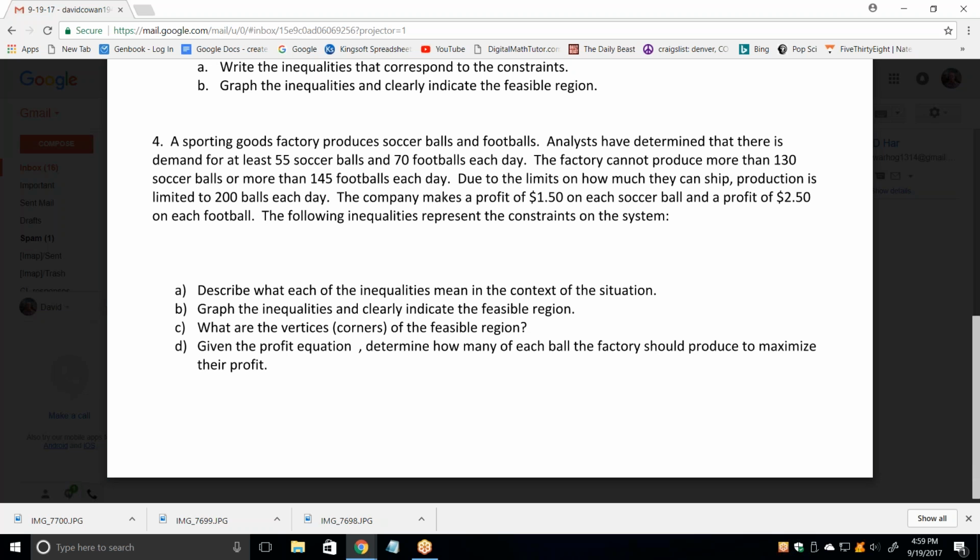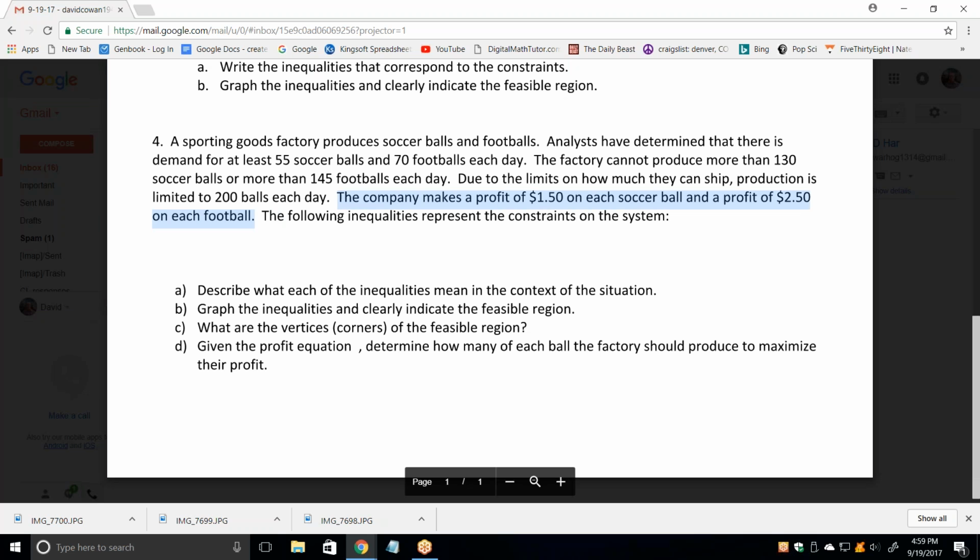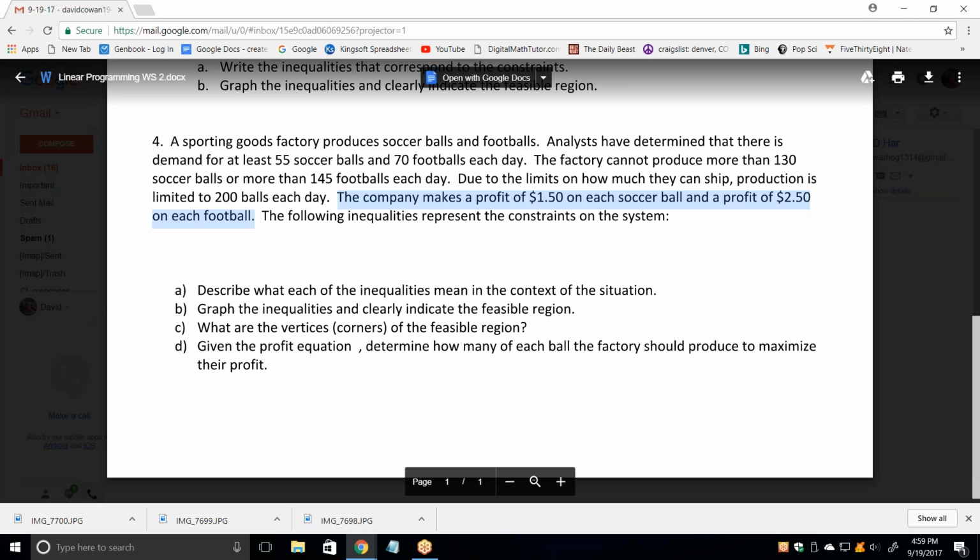And finally, the profit function you're going to get from this sentence right here. Obviously, we're going to make $1.50 on x's, so $1.50 times x plus $2.50 times y. That's going to be our profit function. And we'll just plug all of our vertices into the profit function. Whichever one makes the greatest amount of profit, that's our answer.